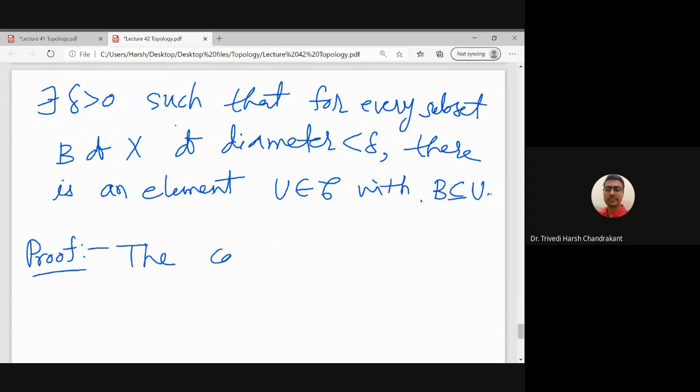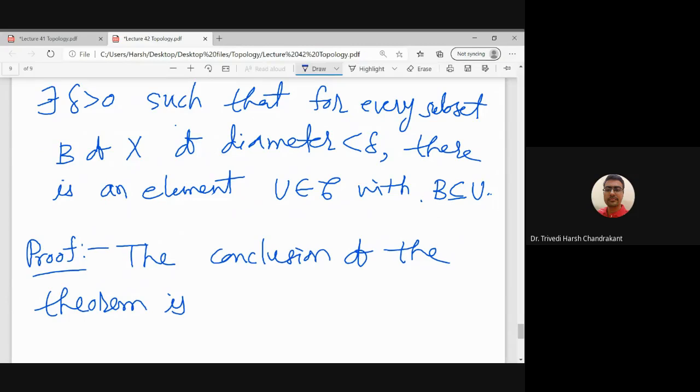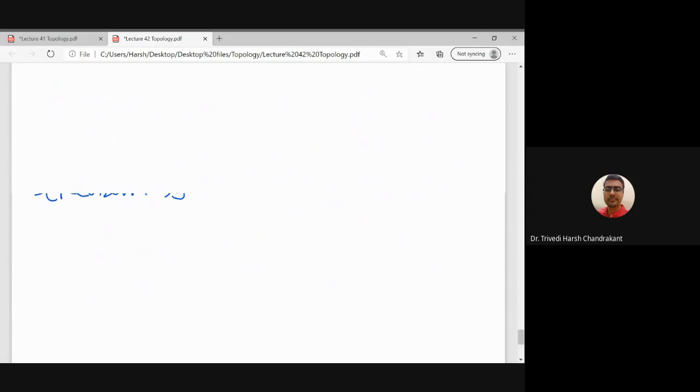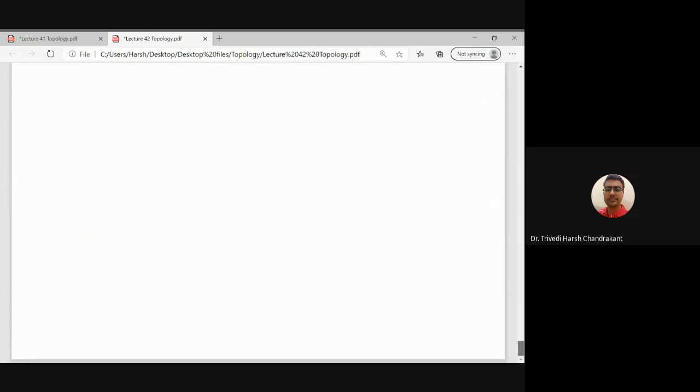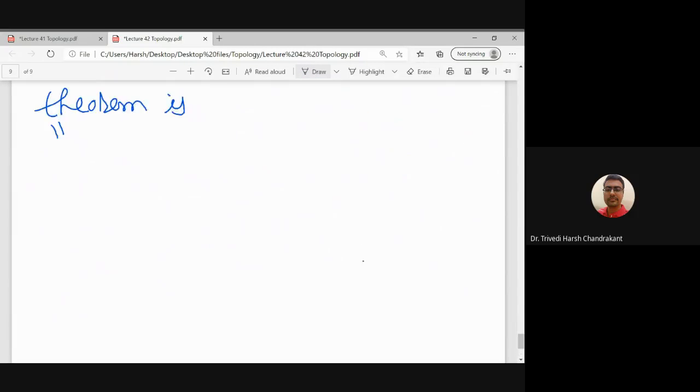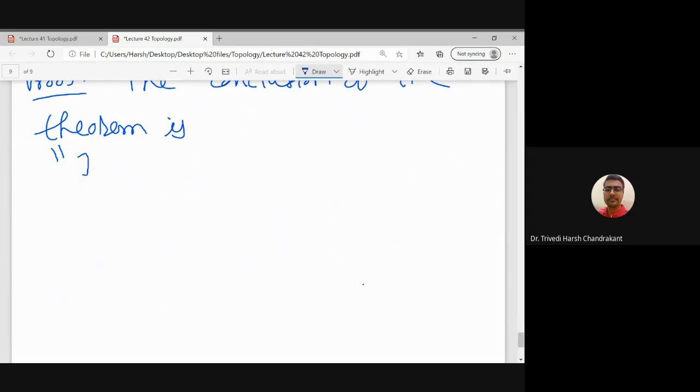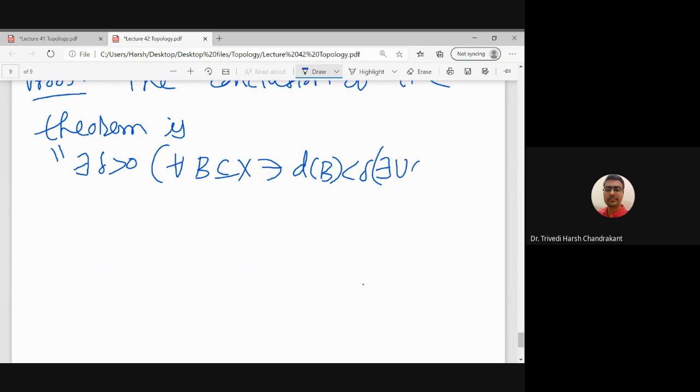The conclusion is that there exists delta greater than 0 such that for all subsets B of X whose diameter is less than delta, there exists an element U of the open cover such that B is a subset of U. Right, so this is the given conclusion of the theorem.